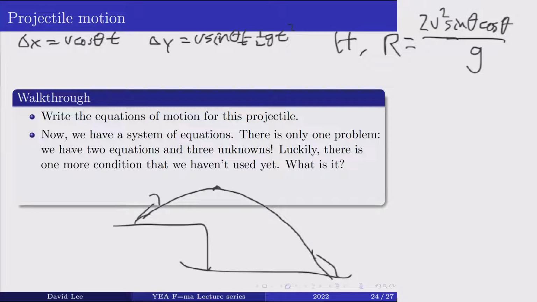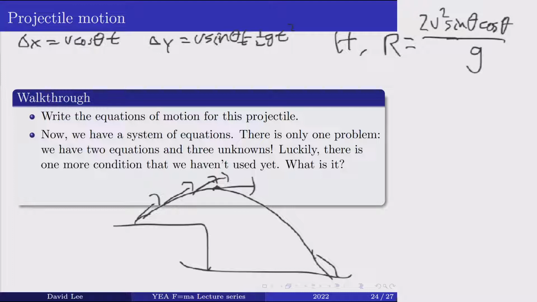Let's say at this point, the velocity points this way, and as it goes up, it starts pointing this way, and then at the very top, it points this way. And at the very top, the velocity is just completely horizontal.